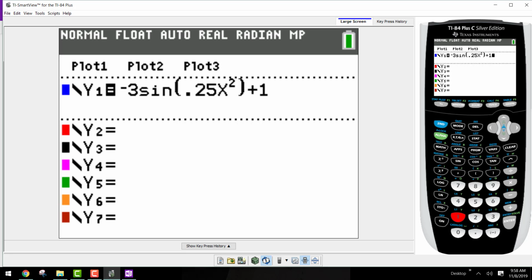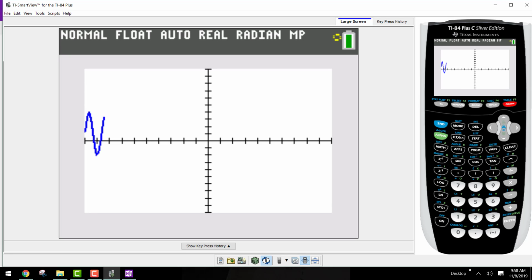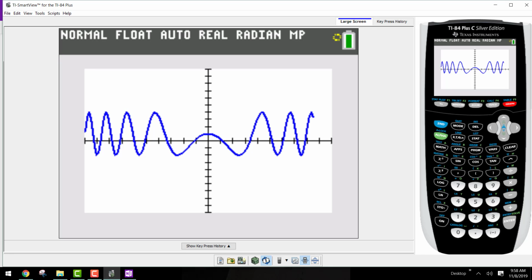So what I'm going to do is put the function in, and now I'm going to look at my graph, and you want to remember that pi is about 3.14. So we're going to be looking in that range. You want to make sure you're looking in that range. If you notice, in the center section of the function, the behavior is a little different than the rest. Okay, so we want to know in this time frame where the concavity is changing.